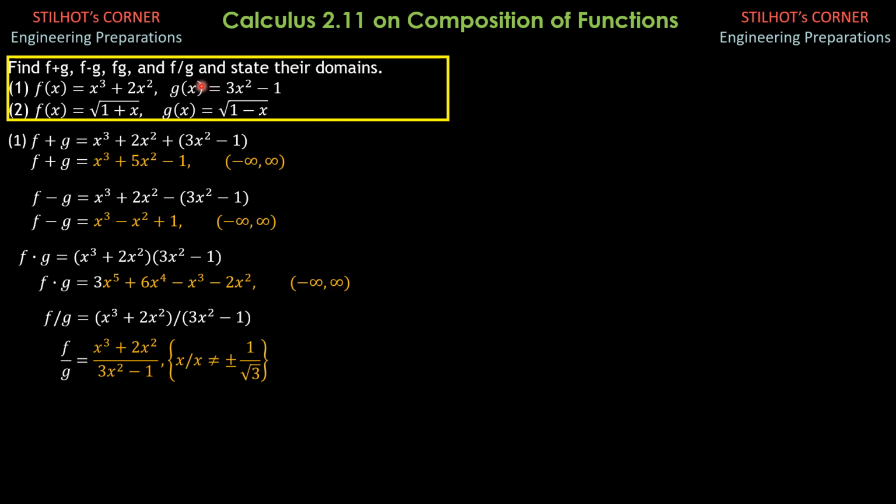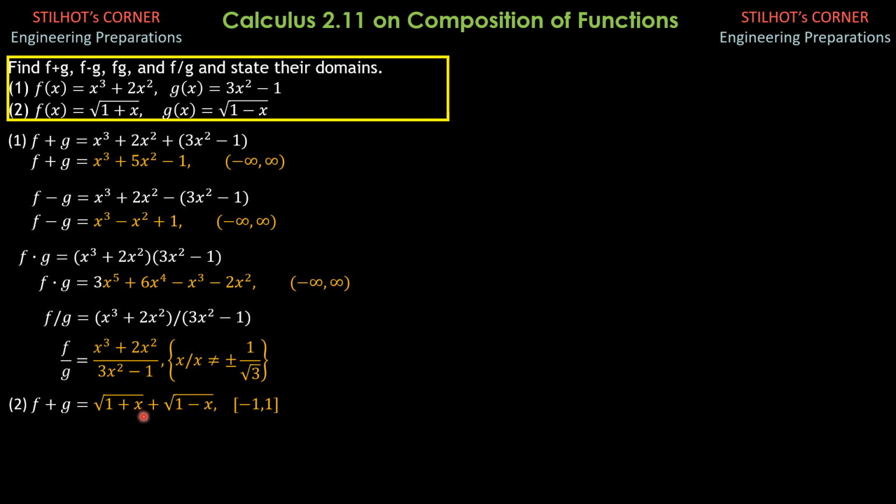Now for the next exercise, f plus g is square root of 1 plus x plus square root of 1 minus x. So the domain is negative 1 to 1 inclusive, because for the first term, x should not be less than negative 1.